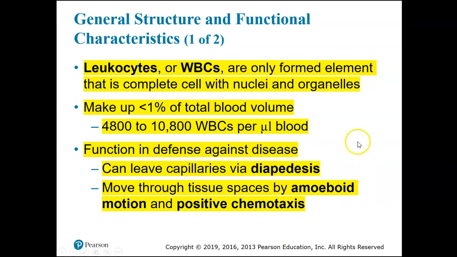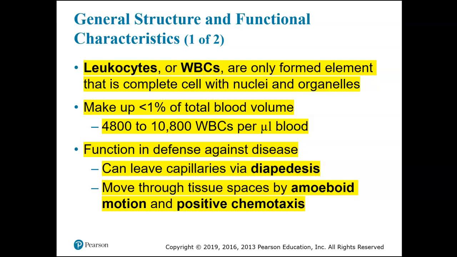That's their main purpose. They usually are in the blood capillaries, but they can leave during an infection by diapedesis, which is when the blood capillaries become leaky and have larger openings, so the white blood cells can actually escape the small blood capillaries and move into the tissue spaces.